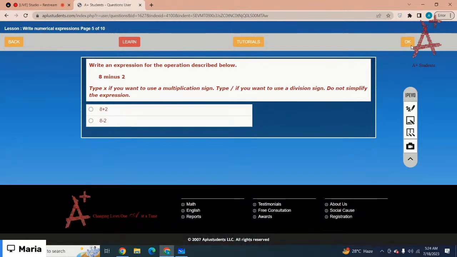Write an expression for the operation described below. So, which is the correct option? 8 minus 2. Just replace the word minus with a sign. So, which is the correct option? Yes, that would be the second one.